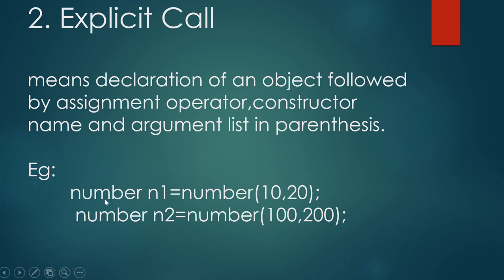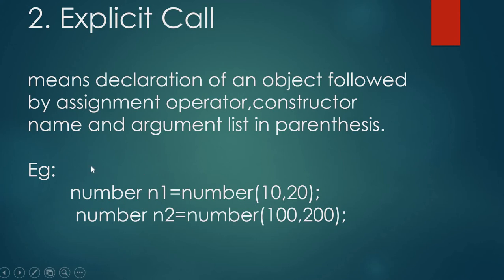See here, number n1 is the declaration of the object. After that, the assignment operator. Then this Number is the constructor name followed by argument list. From this example, we can tell the definition of explicit call.